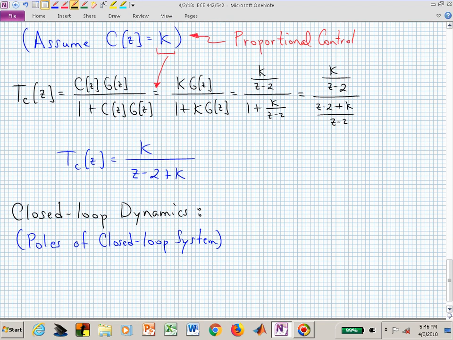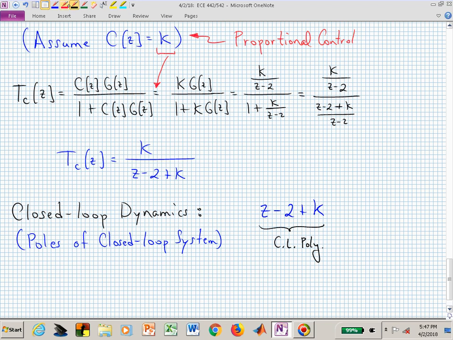So now, based on what we have looked at or talked about just a minute ago, we want to look at the poles of the closed loop system, and that's going to govern our closed loop dynamics. And what does that mean? Well, the denominator now is z minus 2 plus K. This is our closed loop polynomial.